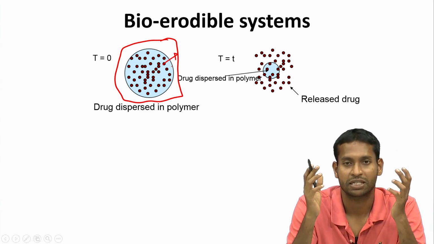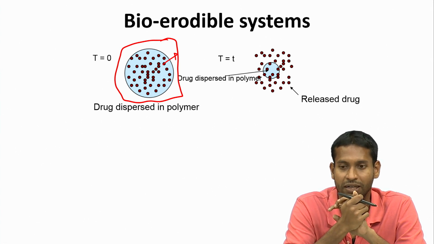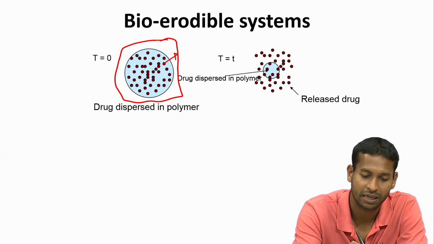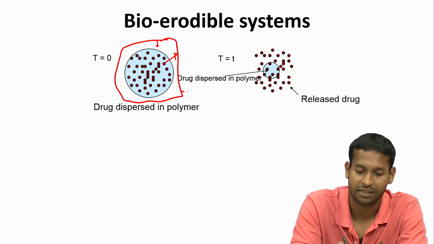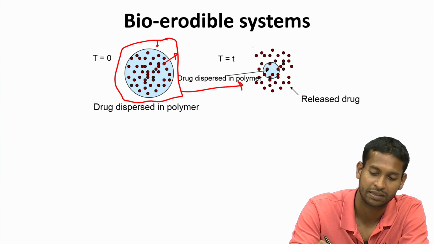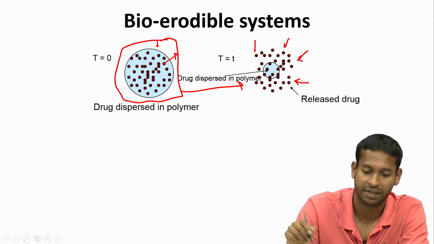The polymeric chains are very tight, and the pore size is much lower than the size of the drug, so the release essentially depends on the degradation of the polymeric region. As time passes, more and more polymer degrades. When it degrades, it just releases whatever drug was encapsulated in that degraded area.